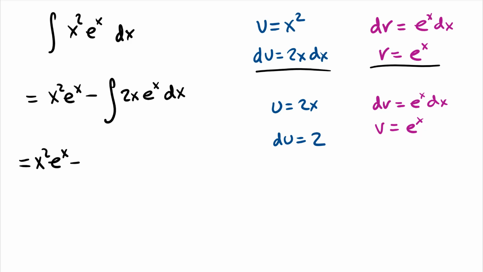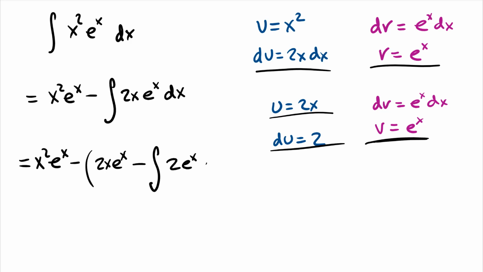There's also something called the tabular method. Maybe I'll show it in a while. So first, we need to do our u times v, so 2x e to the x. Notice how I used a parenthesis. That sign needs to travel through. It's the integral of v du. Oh, I forgot to write it in. What a bad teacher.